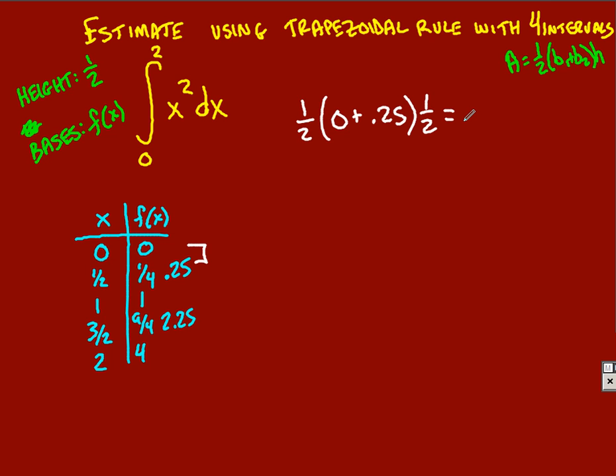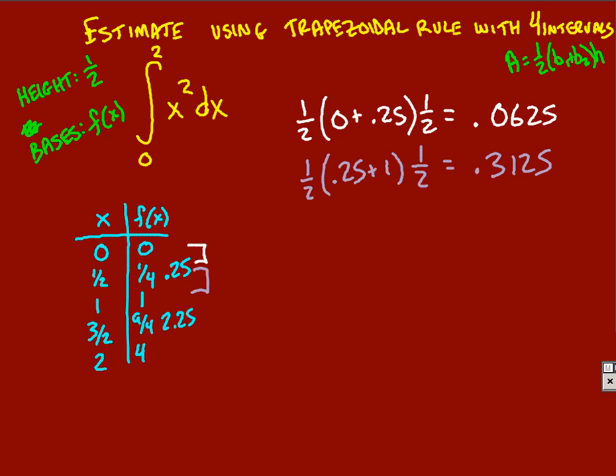And when I multiply that, I should get 0.0625 for that. Next, I'll do these 2, the 1/2 and 1. I still have a width of 1/2. My bases now are the 1/4 and 1, still 1/2 here. And this ends up coming out as 0.3125.